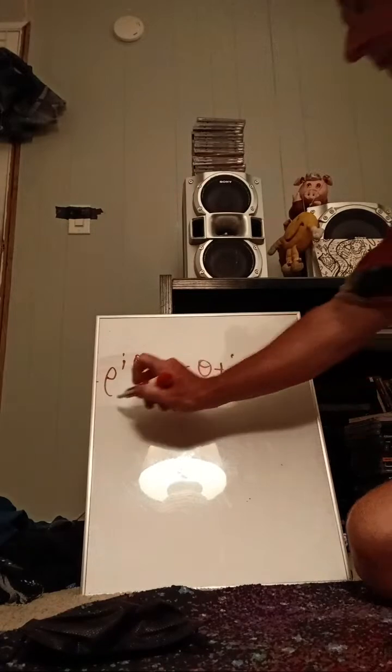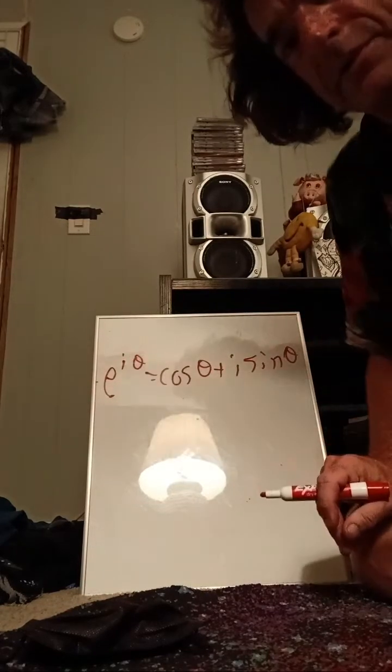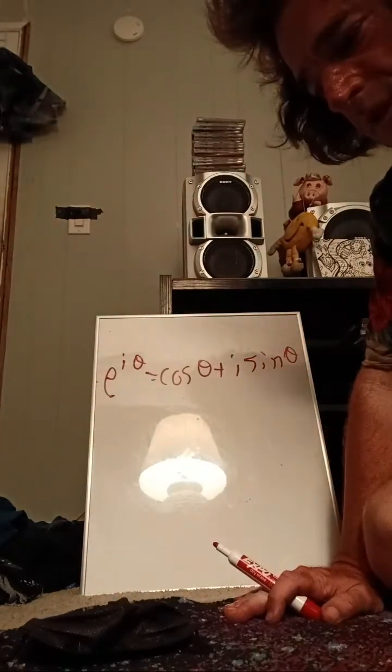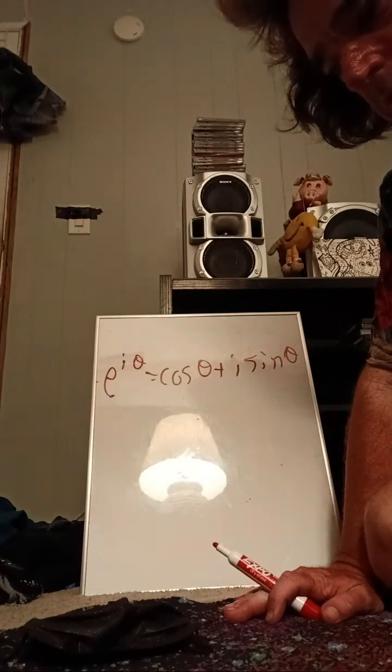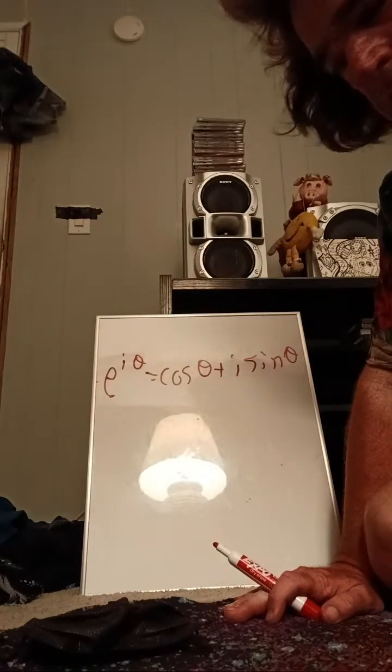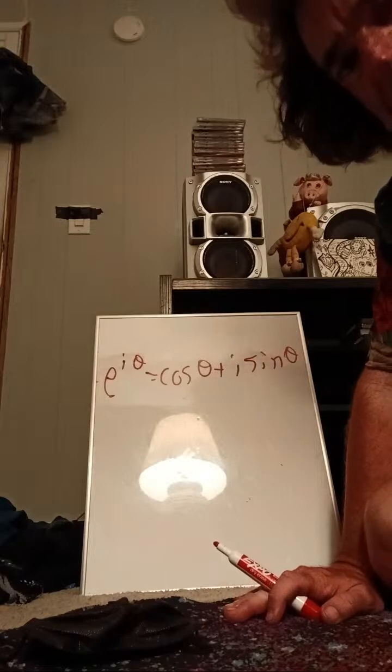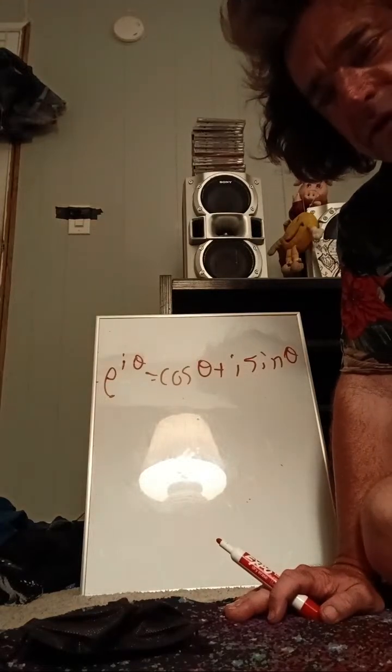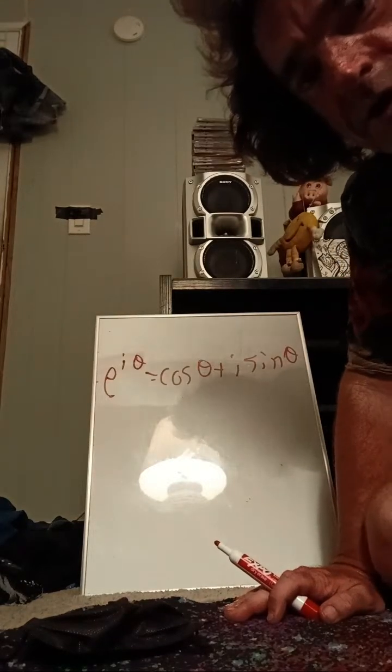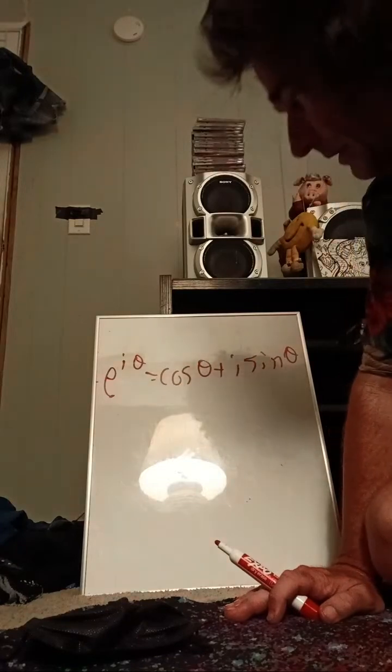So e is a number that is the base of the natural logarithm. Its value is approximately 2.718281828, and it goes on like pi. It's similar to pi. It's an irrational transcendental constant.